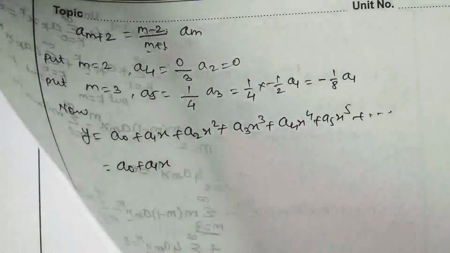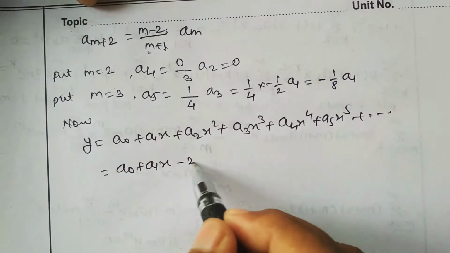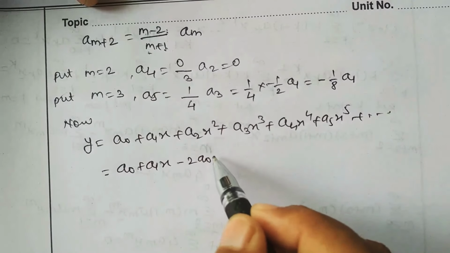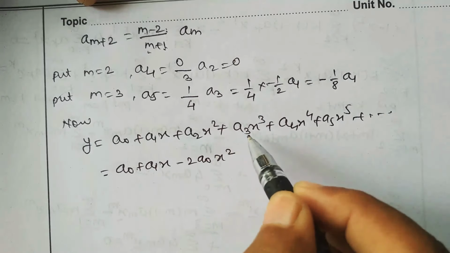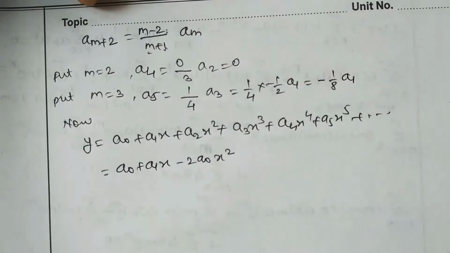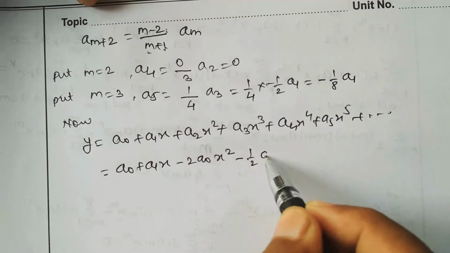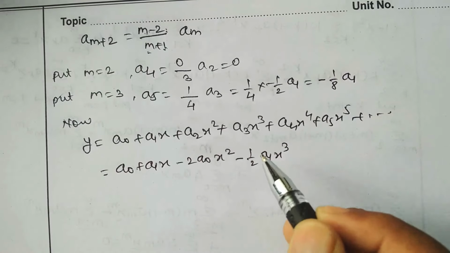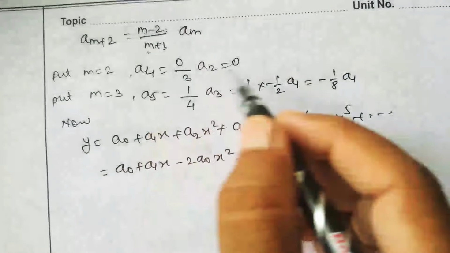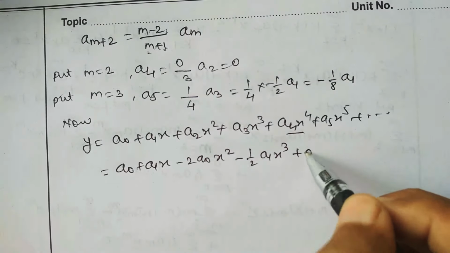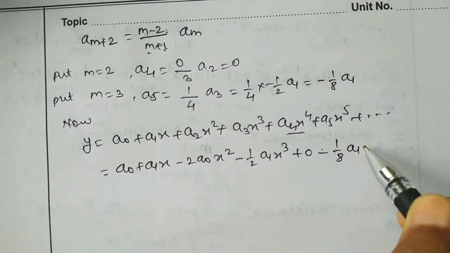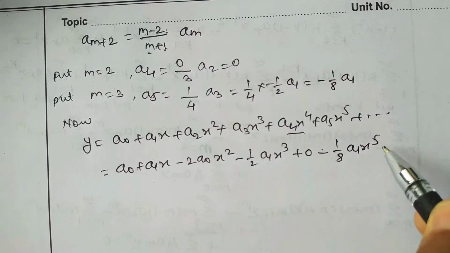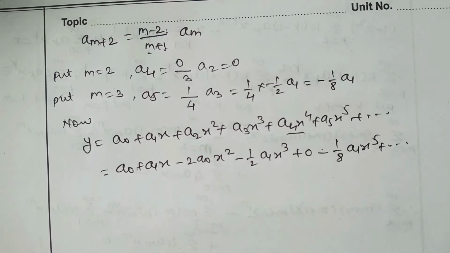Value of a2 is minus 2 a0 into x square. Value of a3 is minus 1 by 2 a1 x cube. Value of a4 is 0, so this term becomes 0. Value of a5 is minus 1 by 8 a1 into x to the 5 plus dot dot dot and so on.